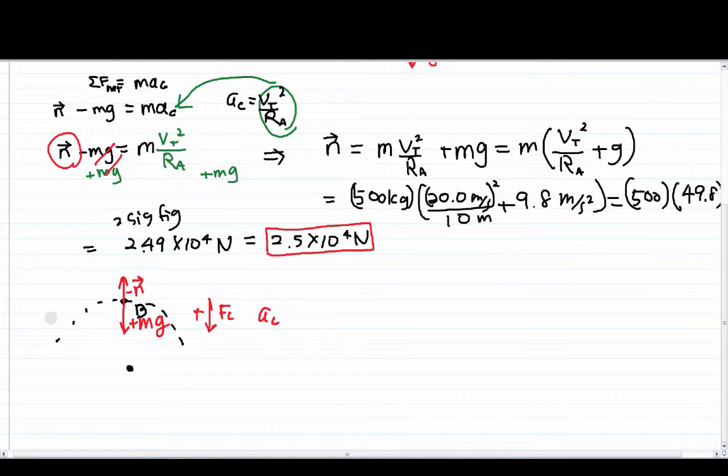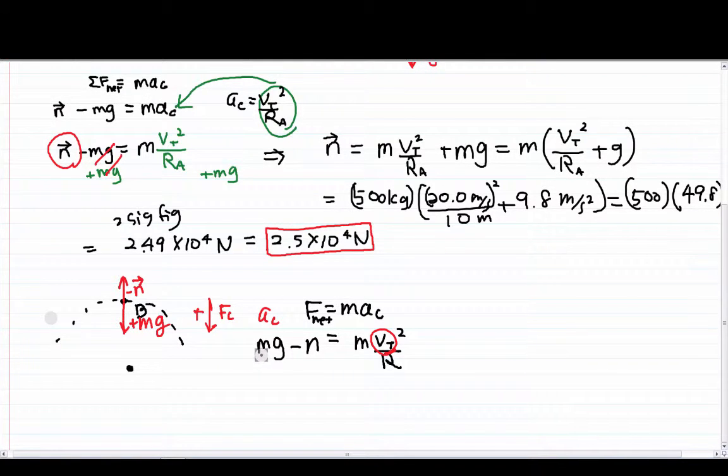Use Newton's second law: mg minus N equals m v_t squared over r. What are we looking for again? We're looking for v_t, so I'm going to circle that.